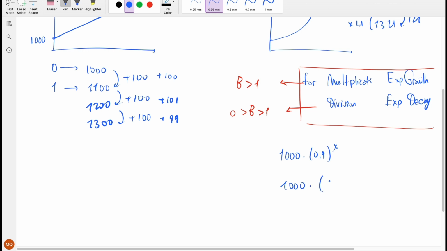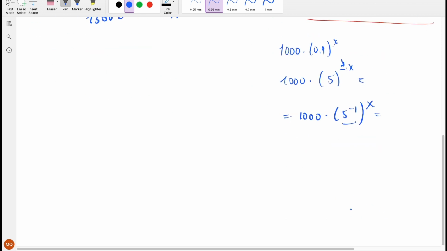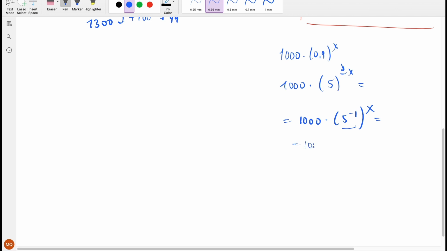When it is like this, here maybe you can see that b is greater than 1, so you'd think it's exponential growth, but it is not, because we have a negative sign here. You have to think of it like this: 1000 multiplied by 5 to the negative x, and for this expression you can write 1000 multiplied by 0.2 to the x.